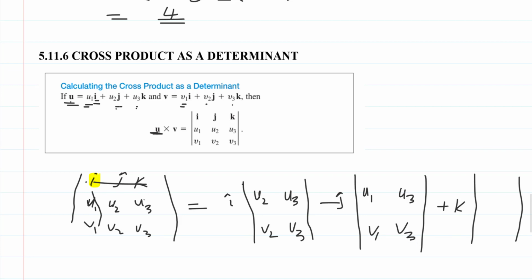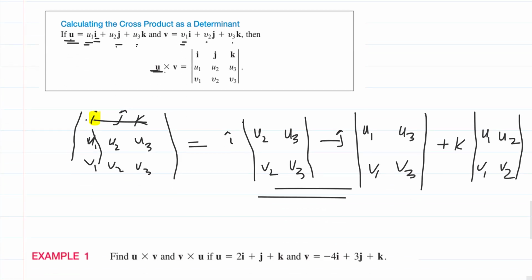Then for the k, if we cancel out that row and column, we remain with u1, u2, and v1, v2. Then we can just get the determinant there, and we'll have our cross product as a vector.